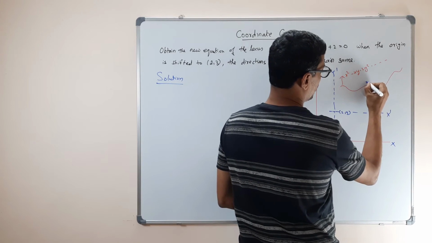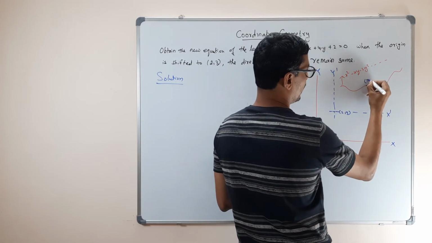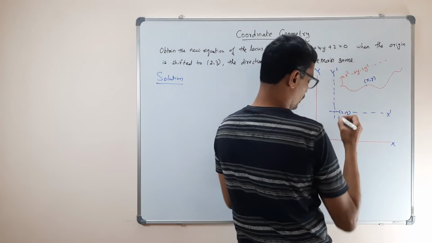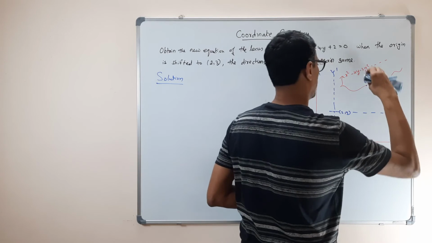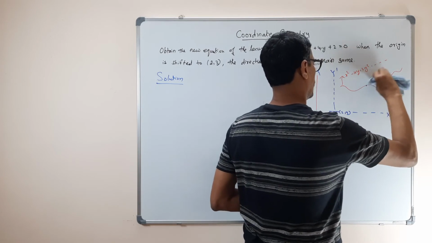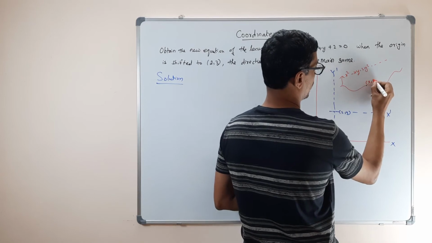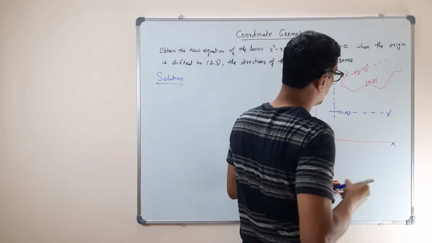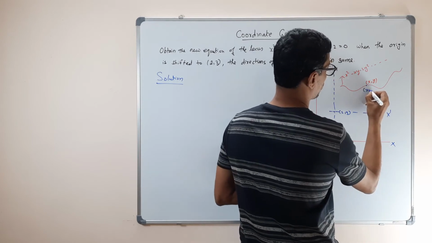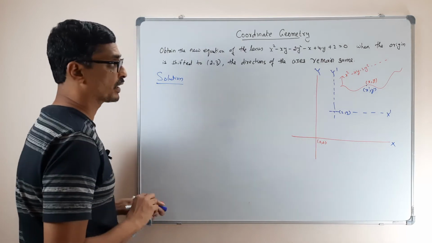Measured by this axis, this point will have x comma y, and from this axis it will be x prime comma y prime.